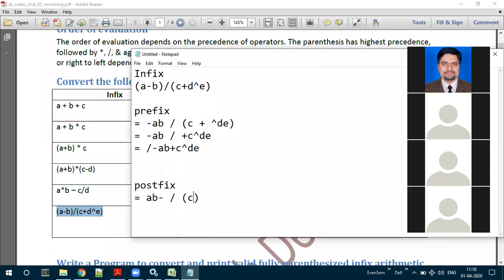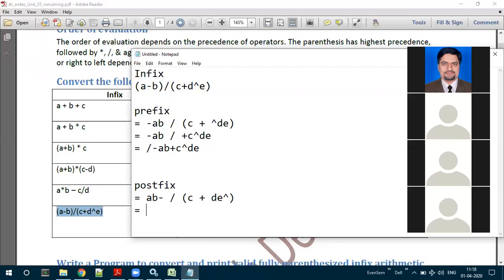So C plus will be kept as it is. The power operator we need to perform. In the power operator, since it is postfix, first write D, E and power. Correct? So in the next step, what will be the answer? AB minus.